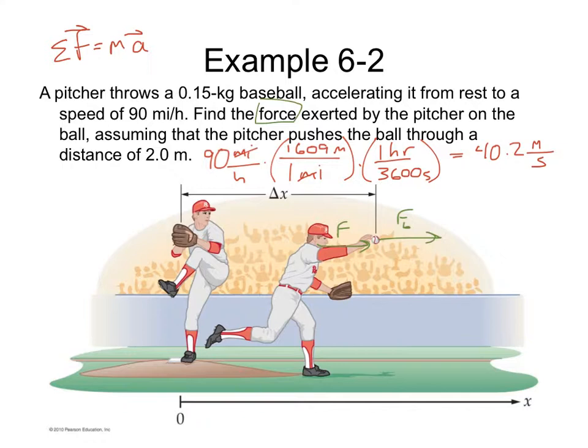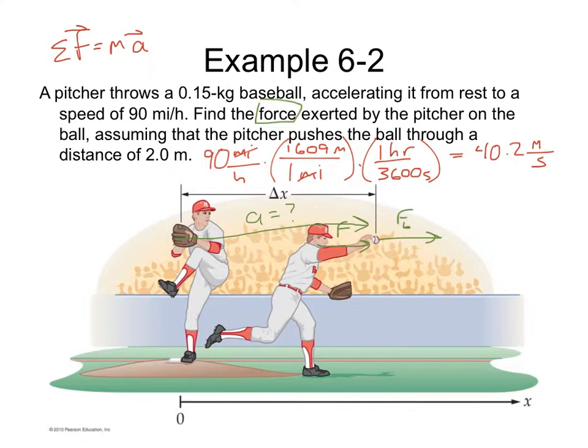What we do know is that right here, the ball is at rest, and right here it's at its final speed or velocity of 40.2 meters per second. And so we need to do a little bit of kinematics to find this acceleration that it experiences going from here to here. Then we can find the force.